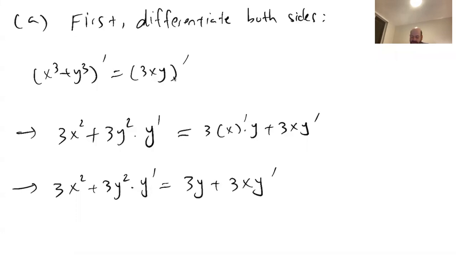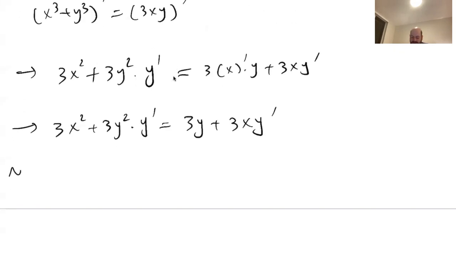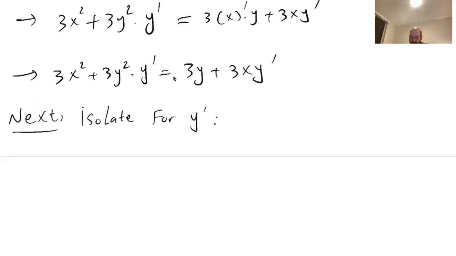Then we have to isolate for y prime. Isolating for y prime means, as we said, taking all terms containing y prime to one side and the other terms to the other side.